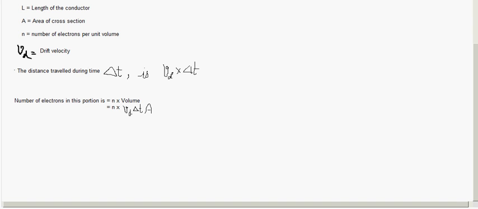Now the charge crossing this area in time delta t is delta Q, equal to the number of electrons multiplied by the charge of each electron.